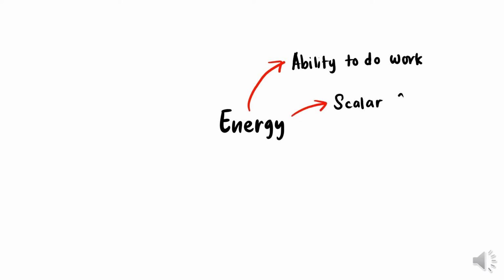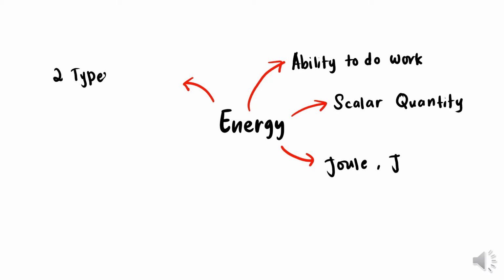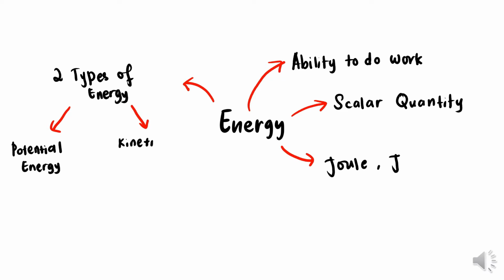So energy is the ability to do work and it is a scalar quantity. The unit is joule. Energy can be divided into two types. The first one is potential energy, the second one is kinetic energy.